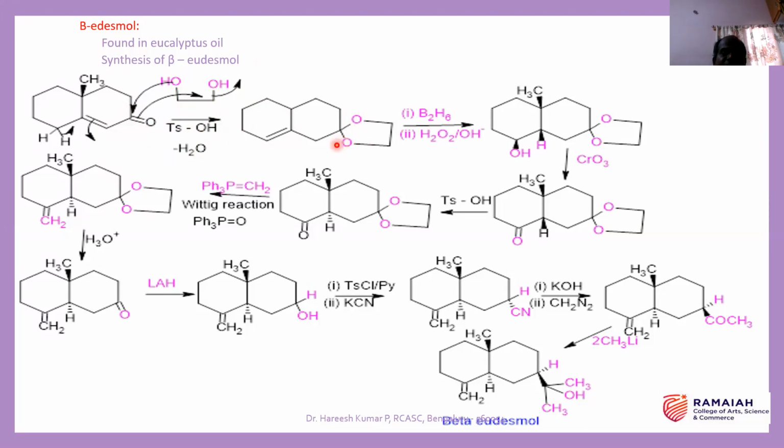So why are we protecting? It should not interfere during the course of preparation of certain compounds. So this is protected, and now there is a reaction. In addition to this protection of ketone with the glycol, there will be a movement of this bonded pair coming over here, and this picks up a proton, an allylic proton.